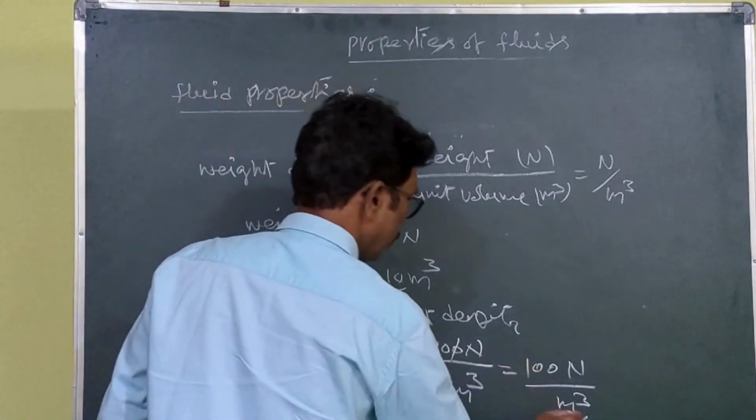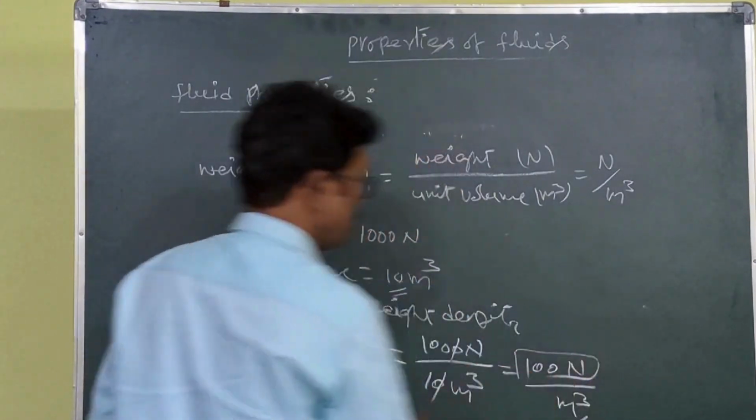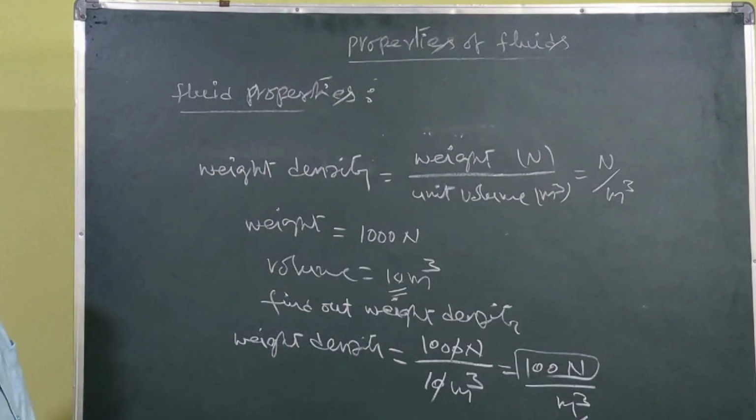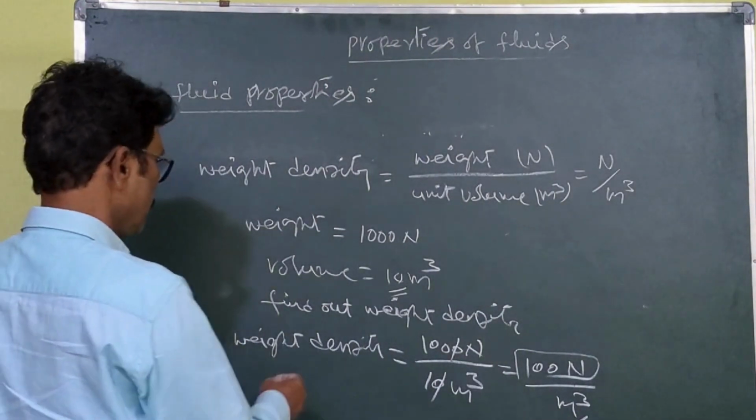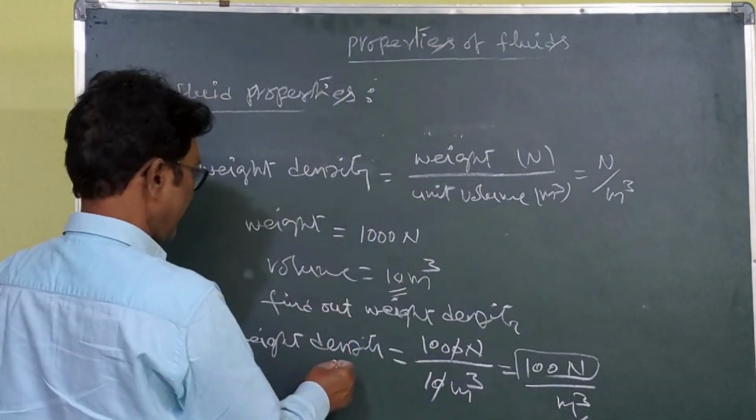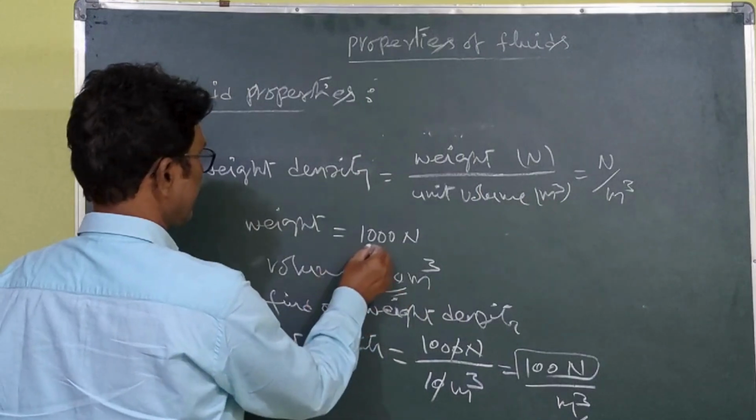So here in 1 meter cube, 100 newtons weight of fluid can be accommodated.